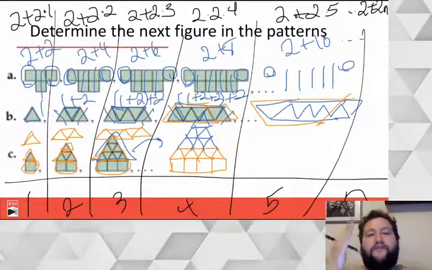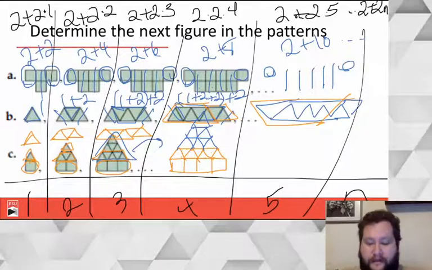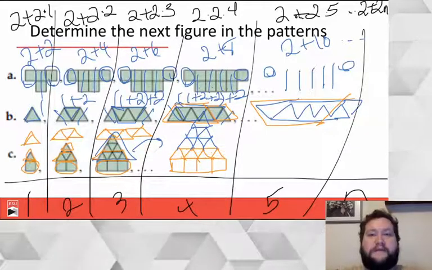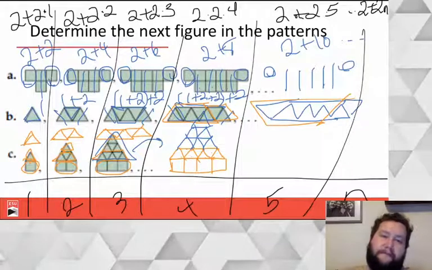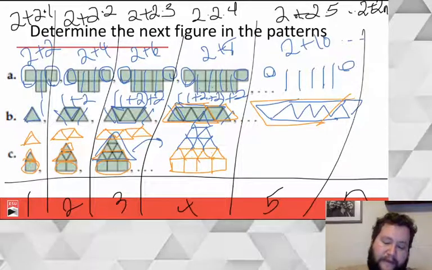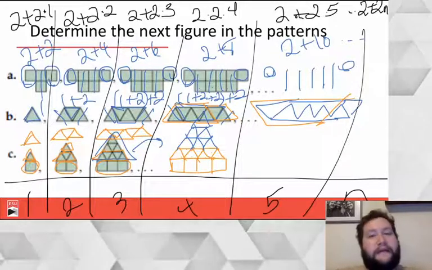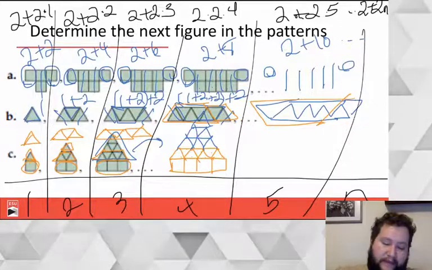Because whatever pattern we're on, the nth one, we'll always add 2 for every step along and those 2 on the outside.